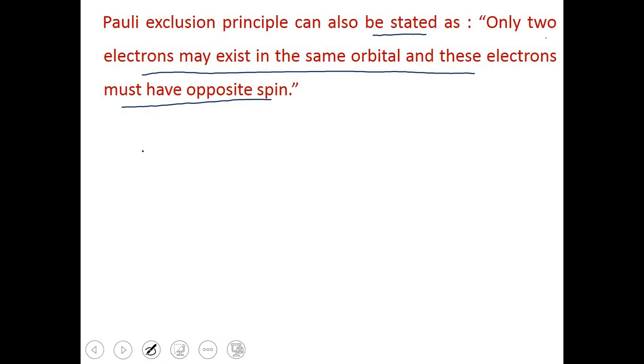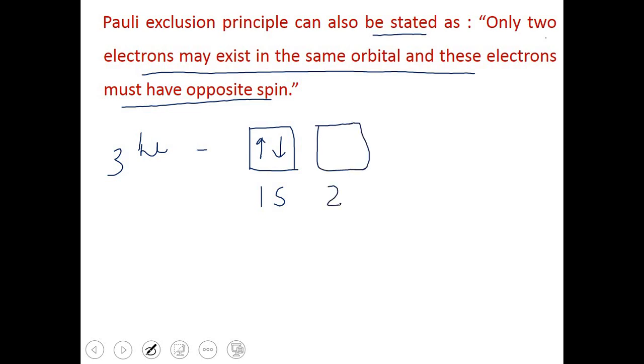Again, I just want to write the example of lithium. I'll write the configuration of lithium like this. This is the 1s subshell of lithium. Here I am showing the electrons with opposite spin. One has the spin up, one has the spin down. This is the 2s subshell.